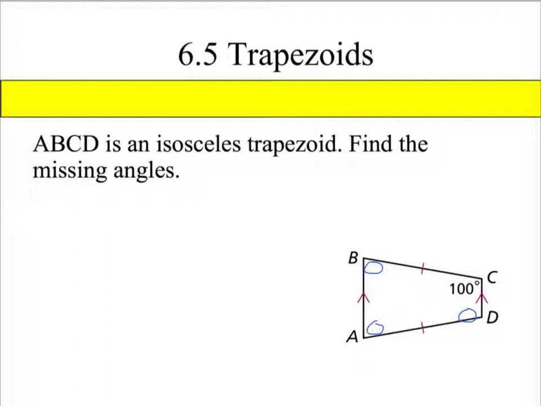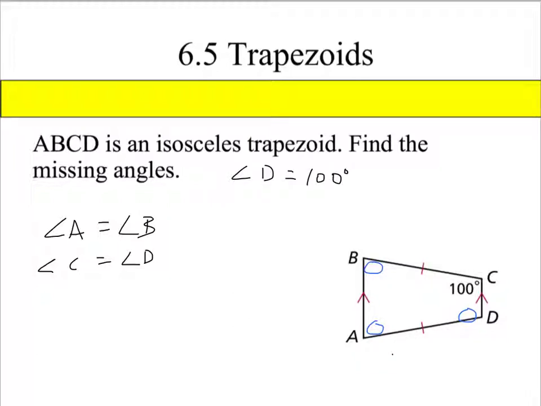That tells me that angle A is going to be equal to angle B, and angle C is going to be equal to angle D. So right off the bat, we already know what one measure is. We know that angle D is going to be equal to 100 degrees.